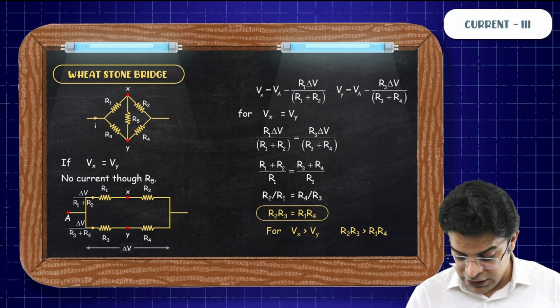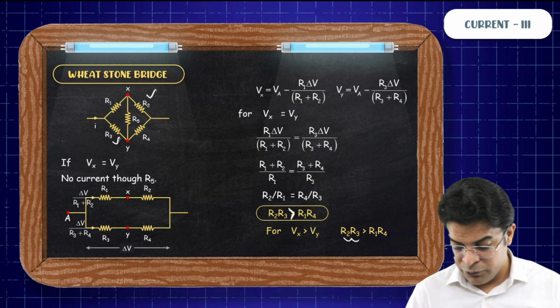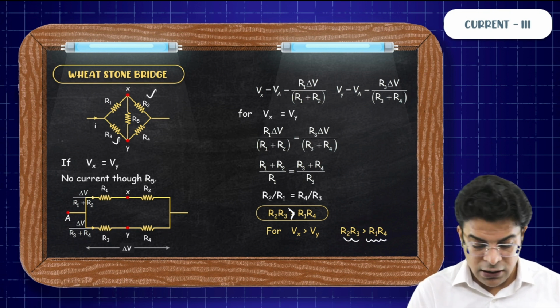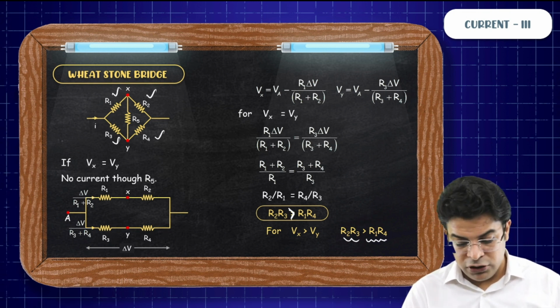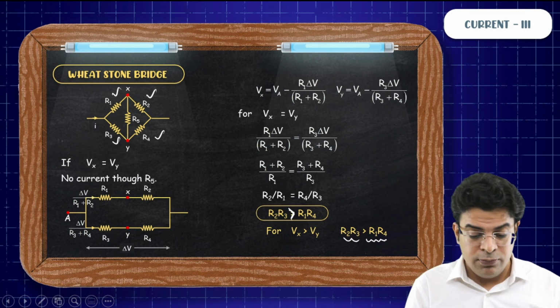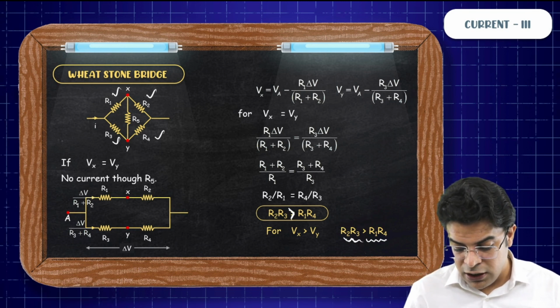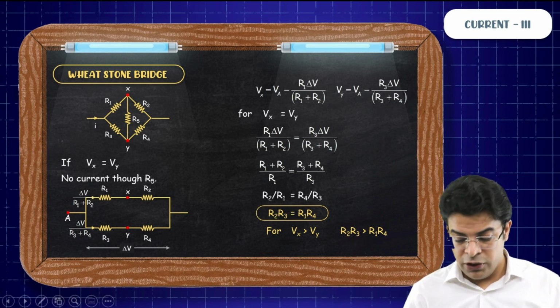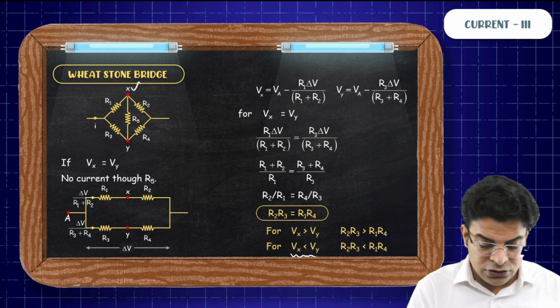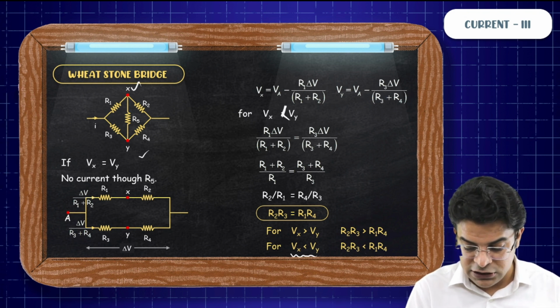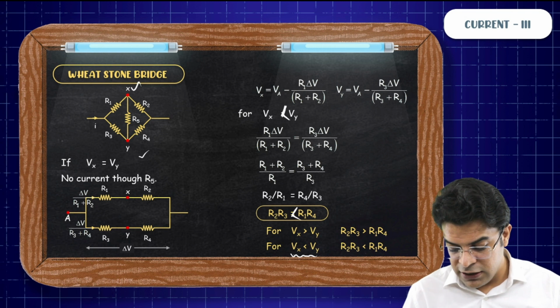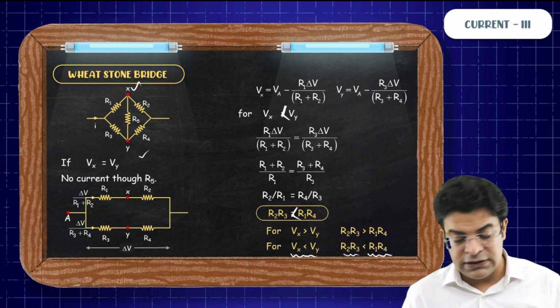The condition is R2 into R3 should be greater than R1 R4. And if you want potential at X to be less than the potential at Y, change the sign, and you'll get R2 R3 must be less than R1 R4.